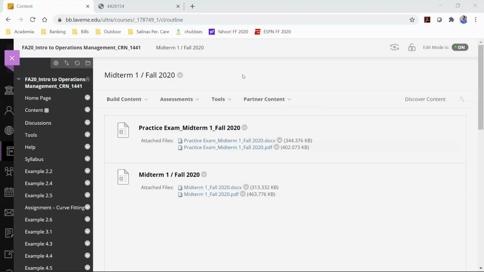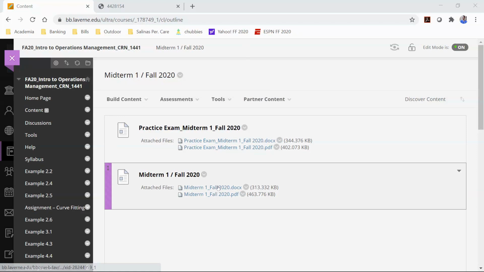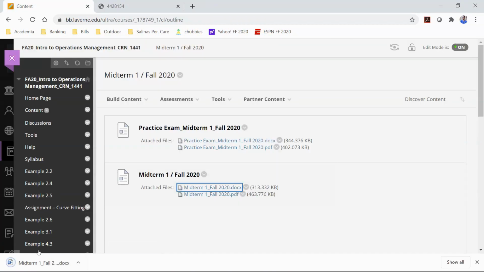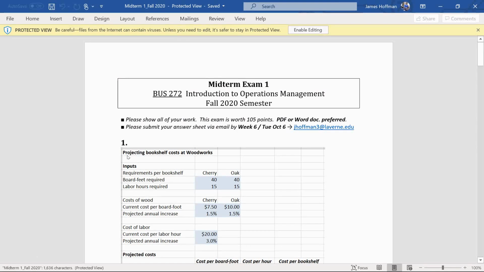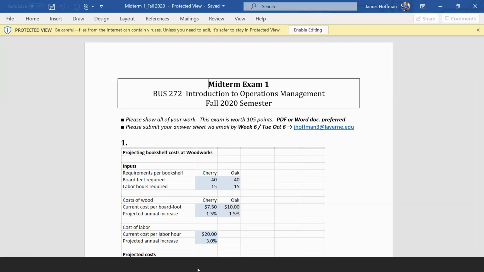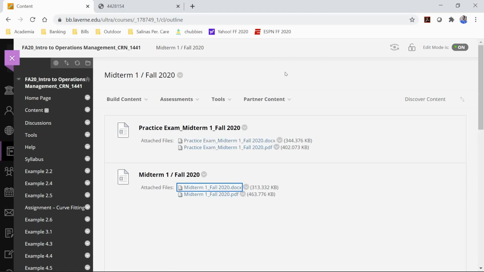Let me try to open it. Okay, it worked on mine. Anybody else having problems opening the file? Oh, okay, it worked this time. Worked that time? Okay.